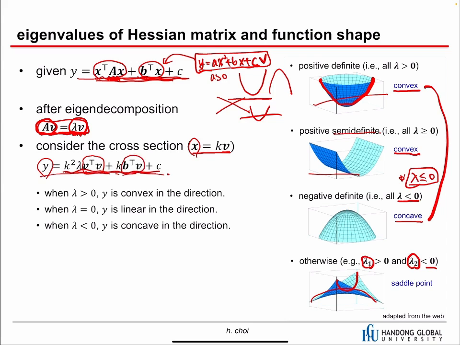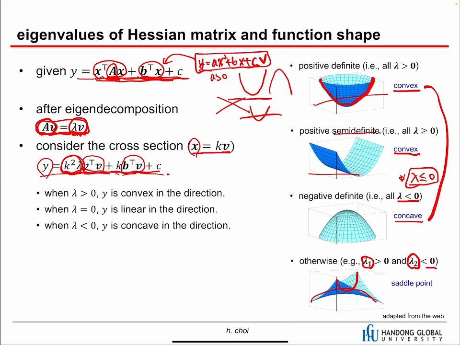And in this case, we can focus on this one, K squared times lambda. K squared times lambda is a scalar. So we don't have a matrix here. Instead we have a scalar in that specific direction.